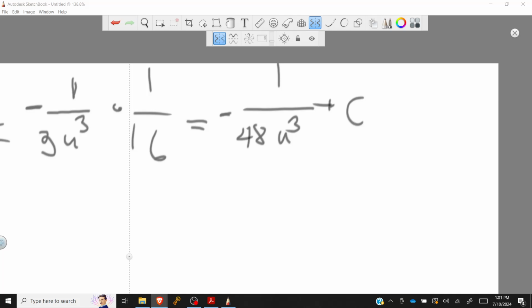But we're not done there. We need to plug it back in. So u is equal to sine, if you remember. I'm going to break apart this fraction so it's easier to understand.